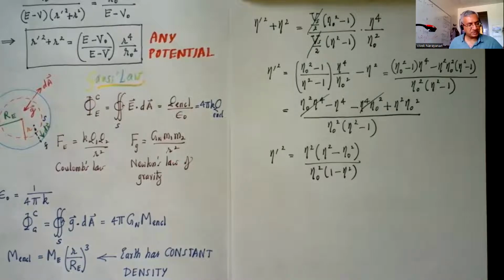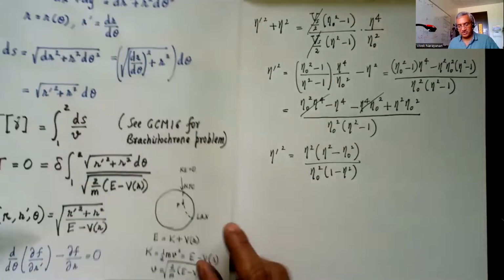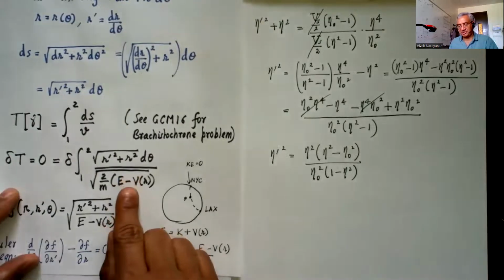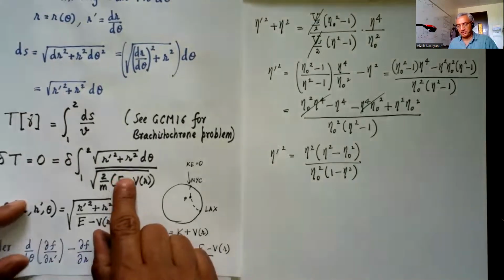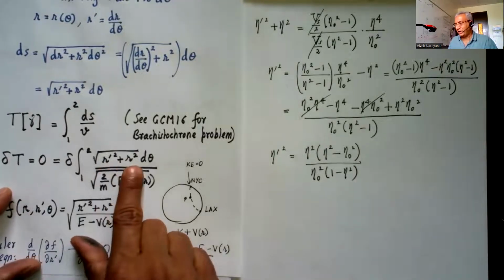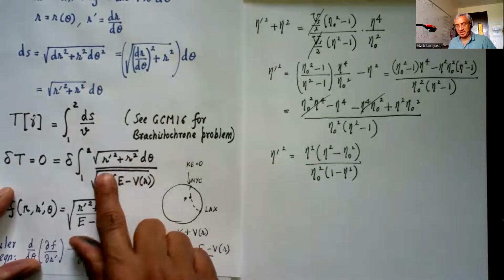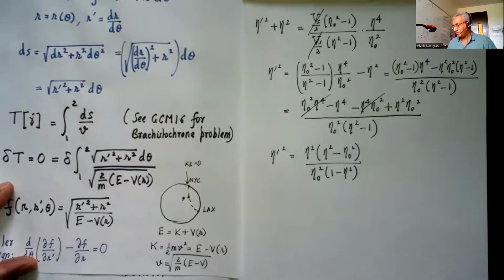I don't even think I can find it. Oh, there it is. So here's our original integral. So if I put this back here, I will divide both sides by the radius of the Earth squared first to get everything in eta form, and then we'll see what we get.